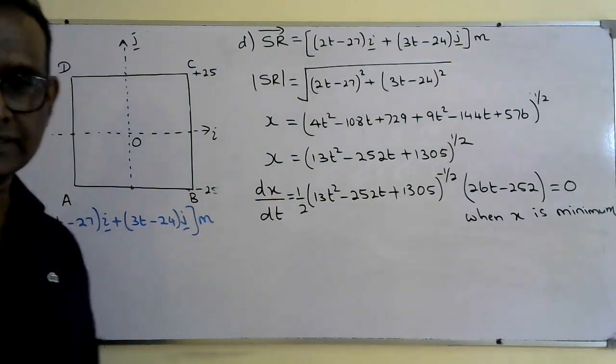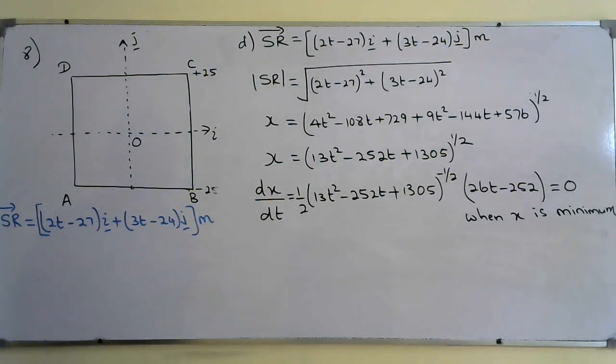When x is the shortest distance, the differentiation must be equal to 0.